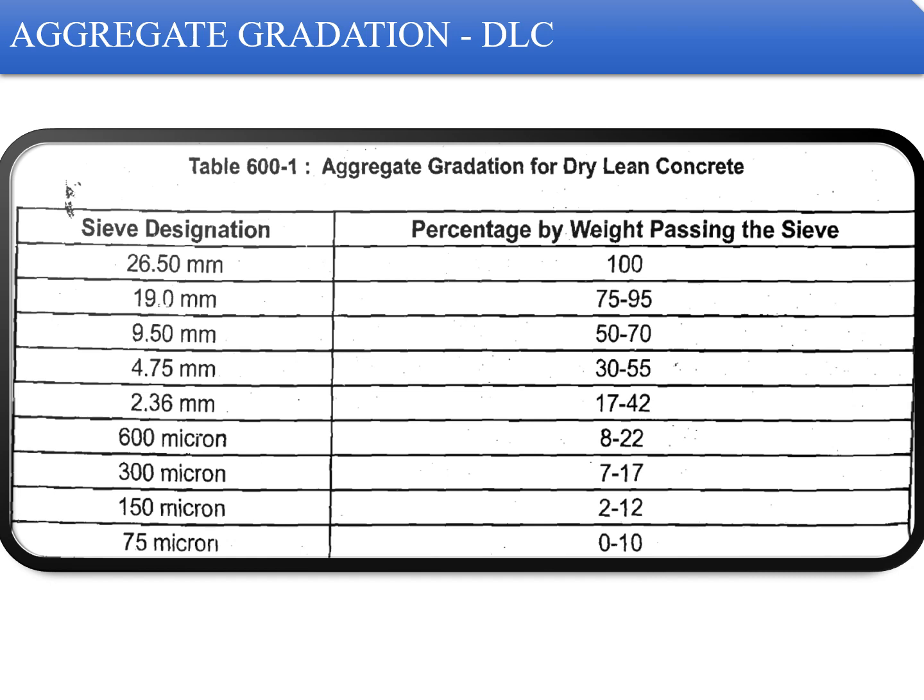That means the combination of aggregates used to produce the DLC mix should satisfy the grading requirement of table 600.1, as shown in the photograph here, which is an extract of MORTH 5th revision.